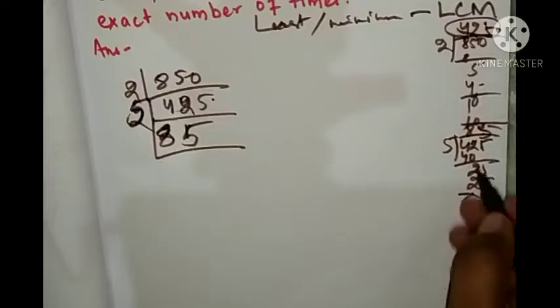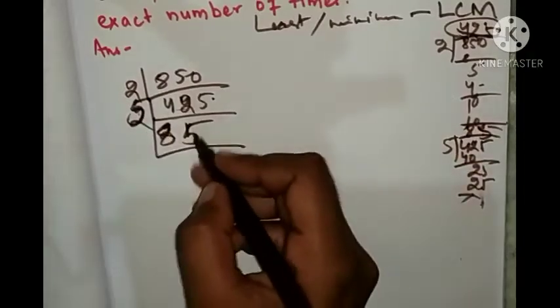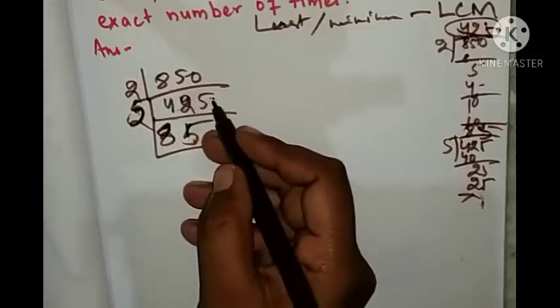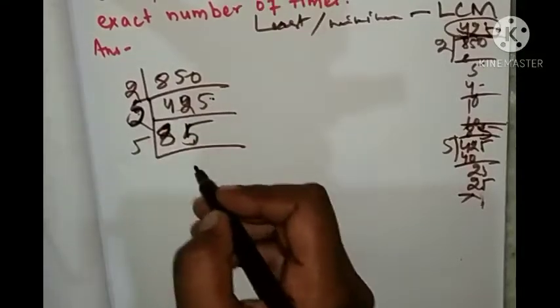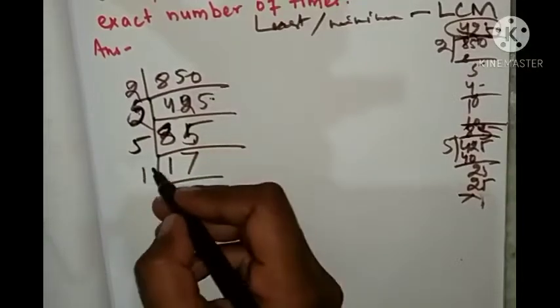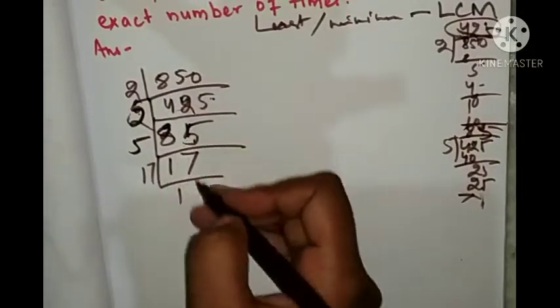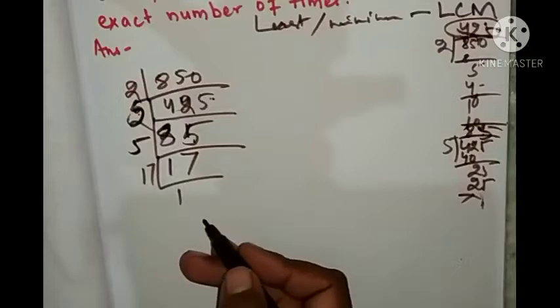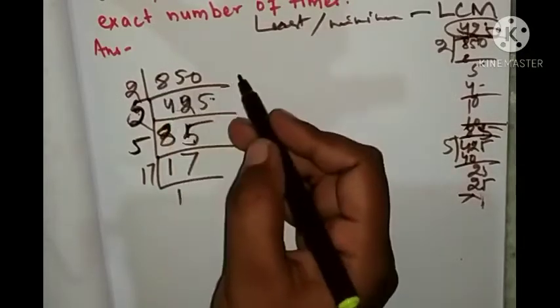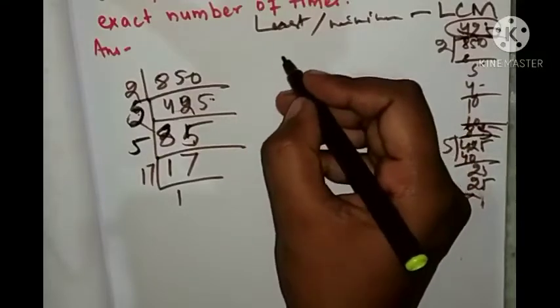Okay, I got the quotient. So 5 into 85 equals 425. Next I'll go, 5 17s are 85. Then 17 1s are 17. I got the prime factorization of 850.